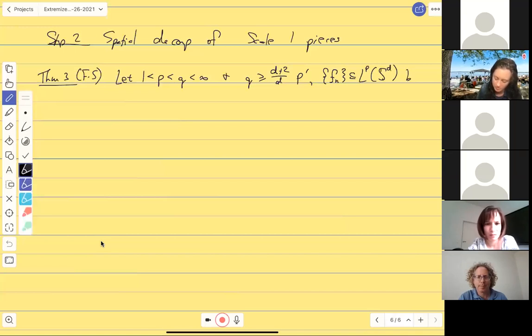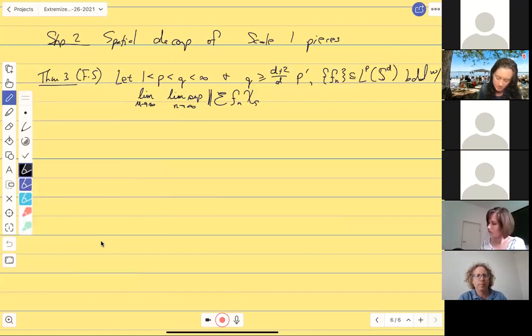It's bounded. We're going to assume a bit more. We assume that the limit, so we're only in the non-concentrating case, the lim sup as n goes to infinity of the norm of the extension of f_n times the characteristic function of the set where f_n is bigger than n, in L^q, is 0. So this is our hypothesis.